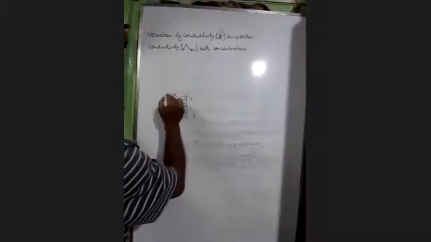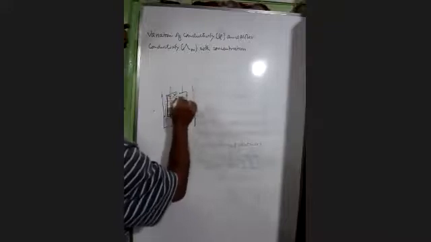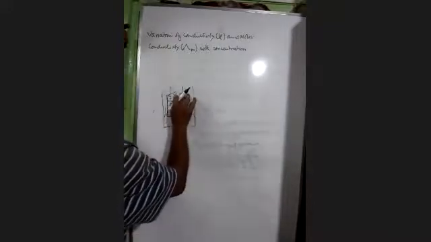So the same thing is going to happen. Say this is your electrolytic cell, and these are the electrodes. You pour more water.